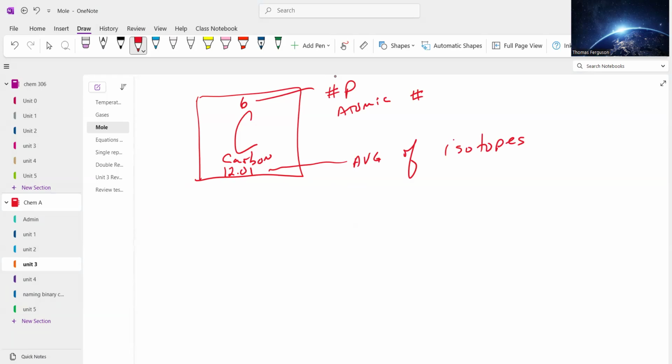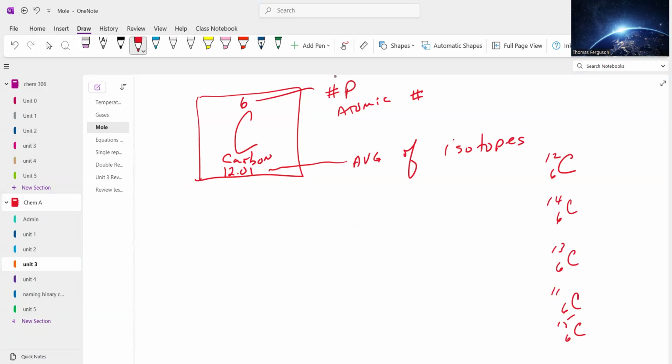So that would be like carbon 12, carbon 14, carbon 13, carbon 11, carbon 15.